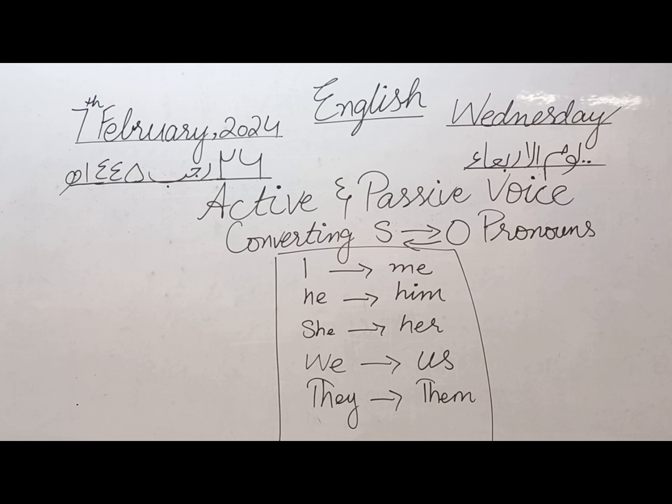When there is the pronoun "she", it will be changed into "her". When there is "we", it will be changed into "us". And then there is "they", a pronoun that will be changed into "them". Okay. So if you learn these pronouns, it will be very, very easy for you to convert an active sentence into a passive. Understood?